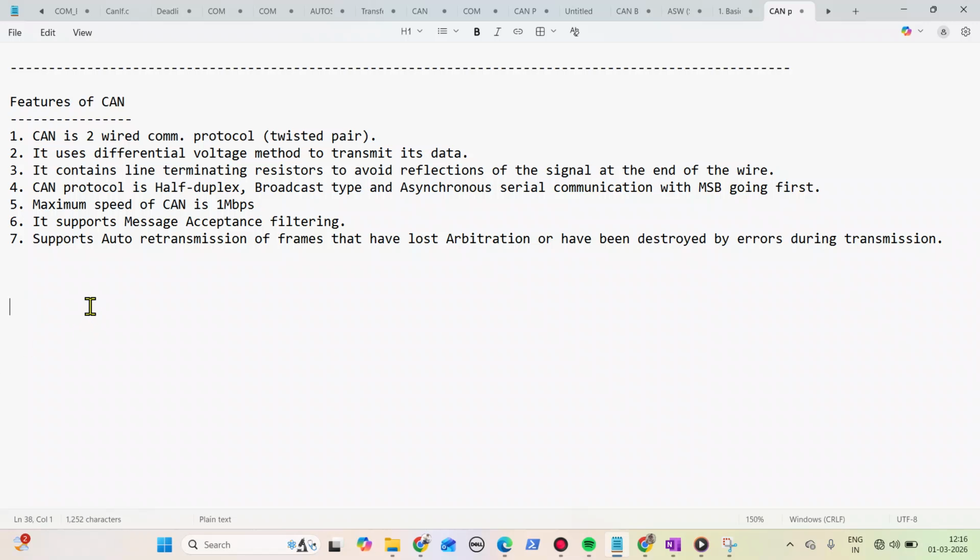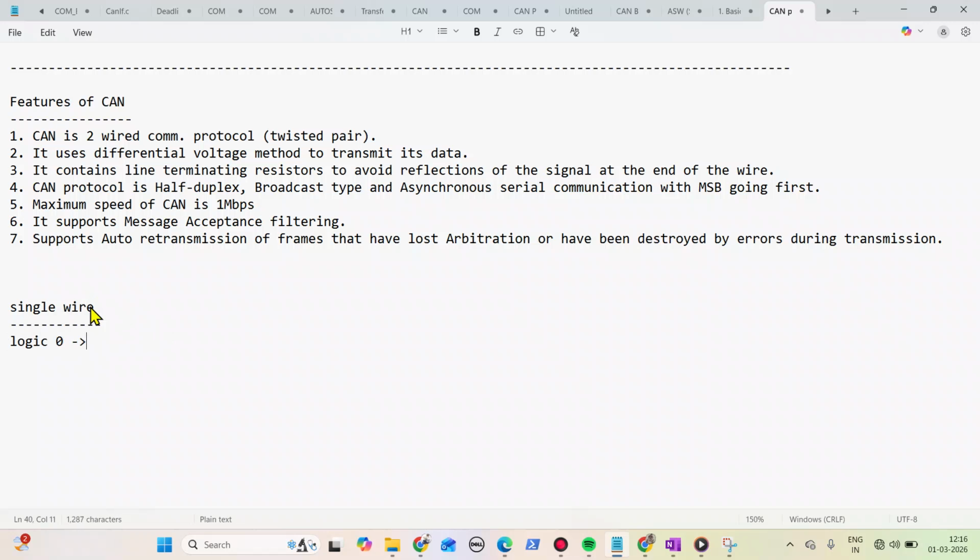First of all, we will see what will happen if there is only a single wire in our CAN protocol. Consider, for example, I want to transmit a bit value, logic 0, from transmitter to receiver.